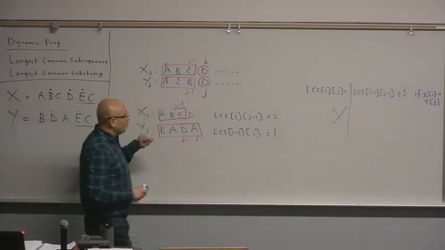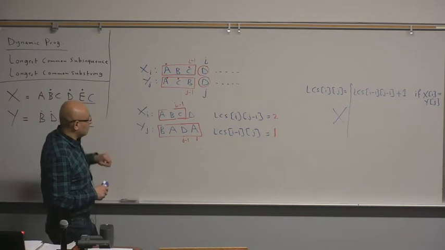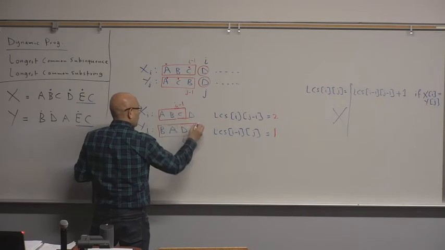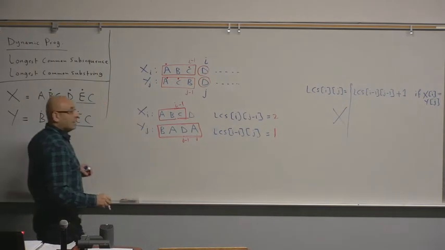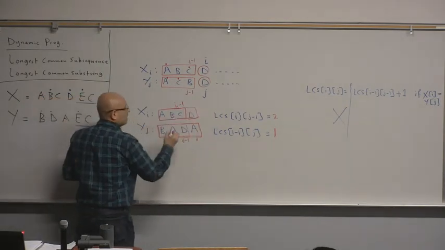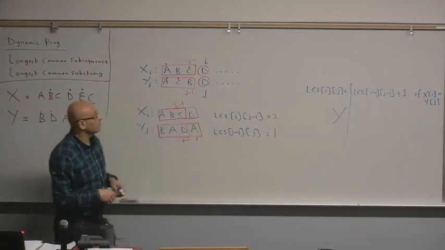So looking at i minus 1 and j minus 1 will not be enough. If we look at this and this, which will give us 1, then we look at this with this, and that will give us 2. 2 is better than 1, so we will take this.